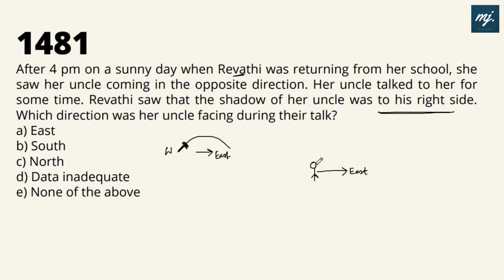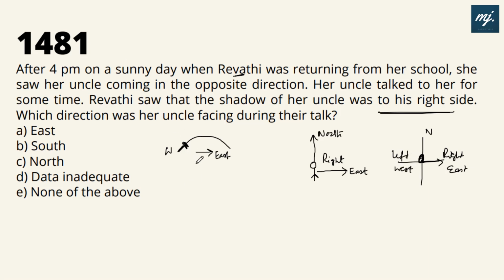And to a person, east is towards his right only when this person is facing towards north. If you are facing towards north, you will see that to the right is your east, and to the left is your west.